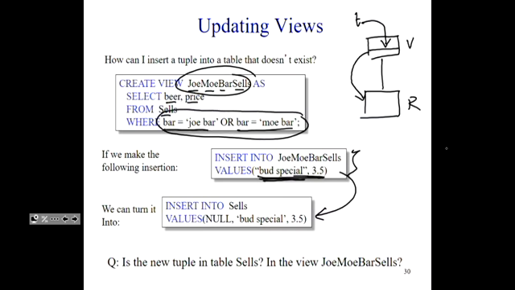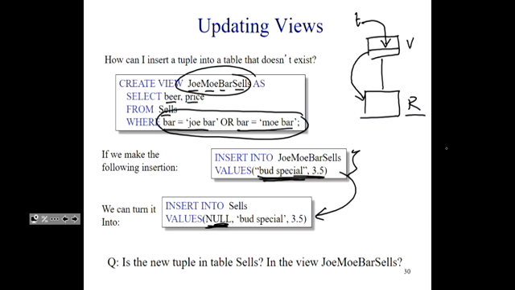So even if I insert it into the view, I don't know how to insert it back into the base table R. In this case, I would insert it with value null for the bar attribute, because I don't know whether it's Joe bar or Mo bar.